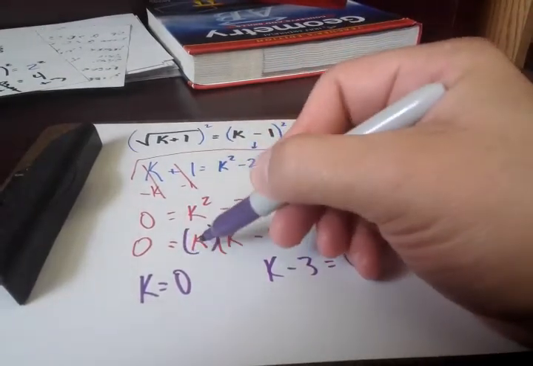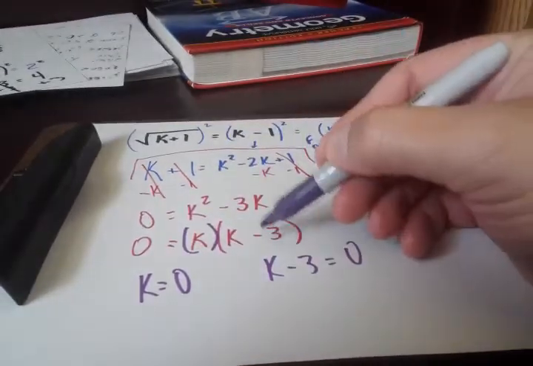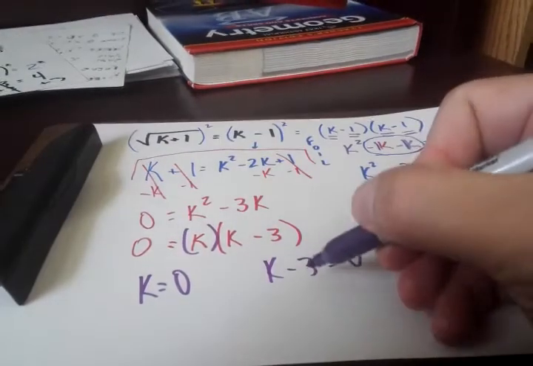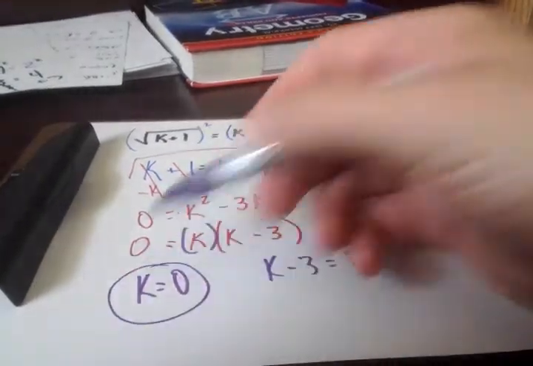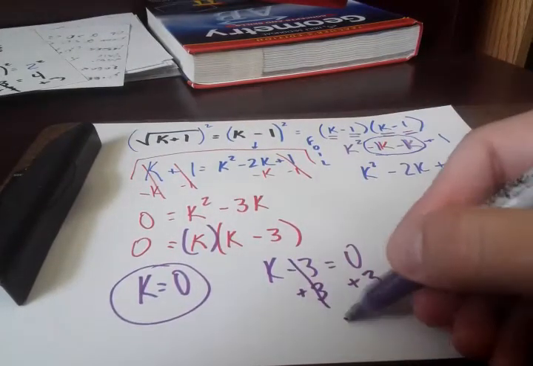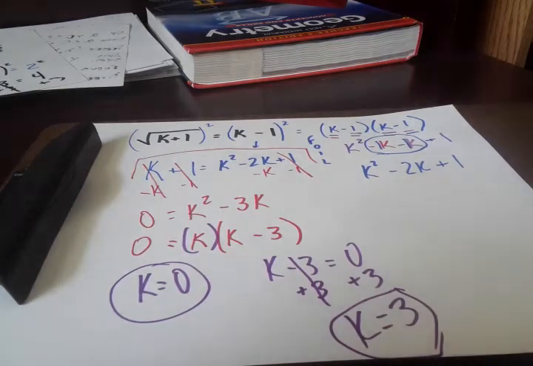Remember, we just put what's in the parentheses equal to 0. So k equals 0 is solved, and this one is not. So I have to add 3 to both sides, and that gives me k equals 3. So we have 2 answers here, but we're going to take a quick pause.